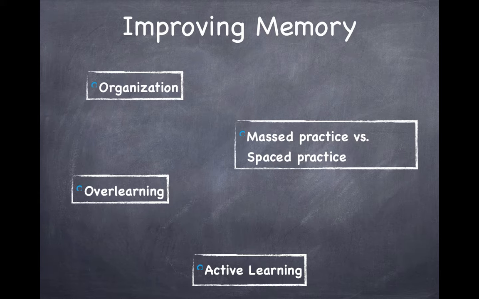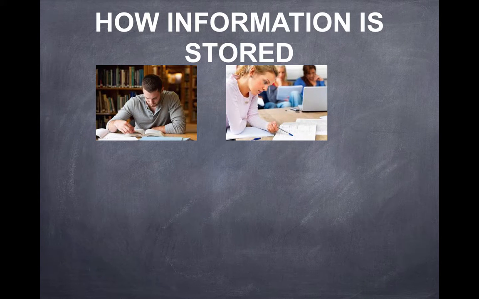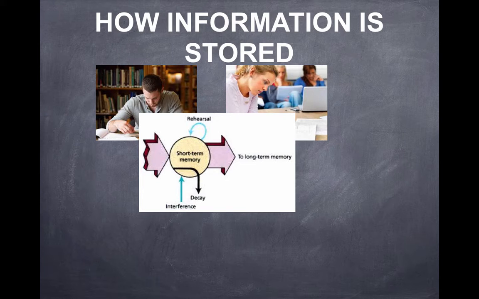Now, how is information stored? One of the first things we do is perceive information. We take the information in and process it by putting it into short-term memory. We do that through rehearsal. We want to rehearse things in small chunks so as not to have interference or decay, rehearsing enough that decay doesn't take hold.